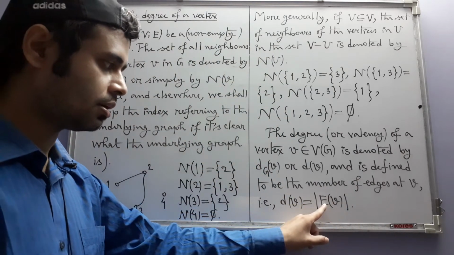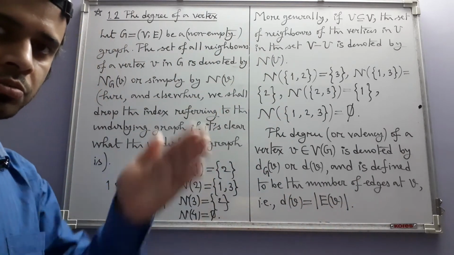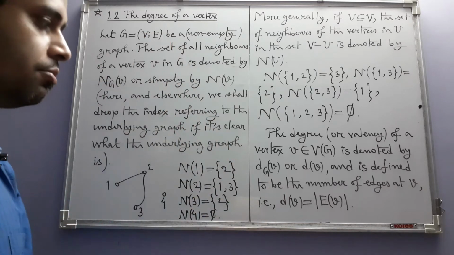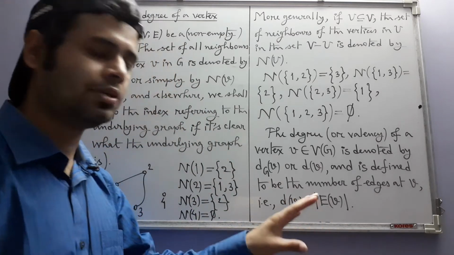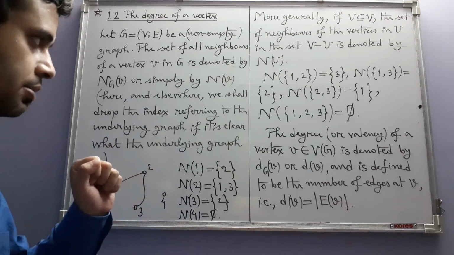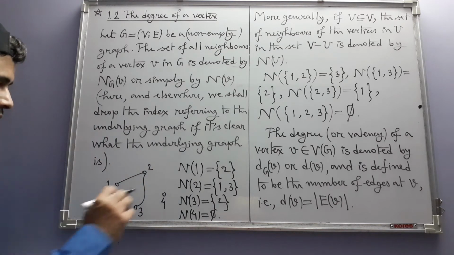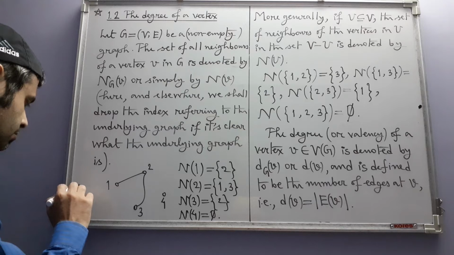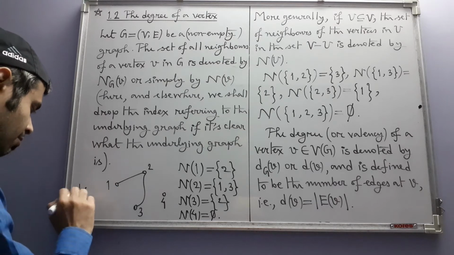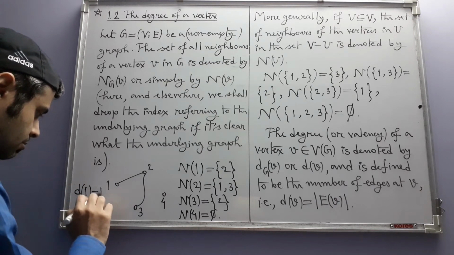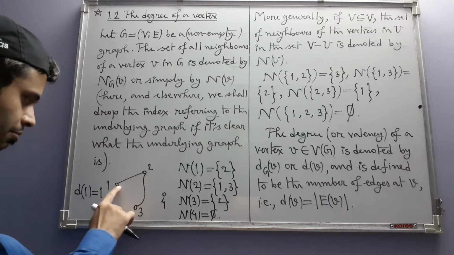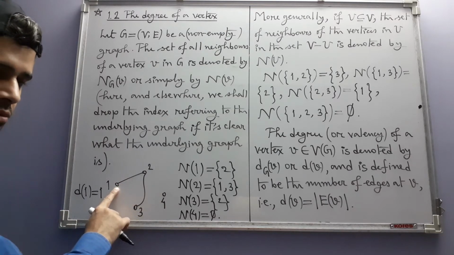This, if you recall, E of V is the set of those edges that are incident on V, and d of V is the number of such edges. So for example, here d of 1 is 1 because there is only one edge incident with 1.